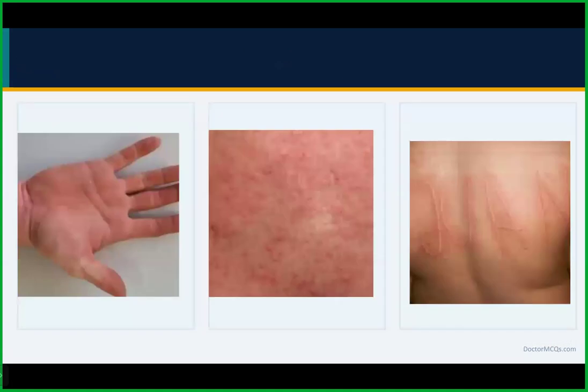Okay, so these are three kinds of urticaria you can see in the picture. The first one is the pressure one.